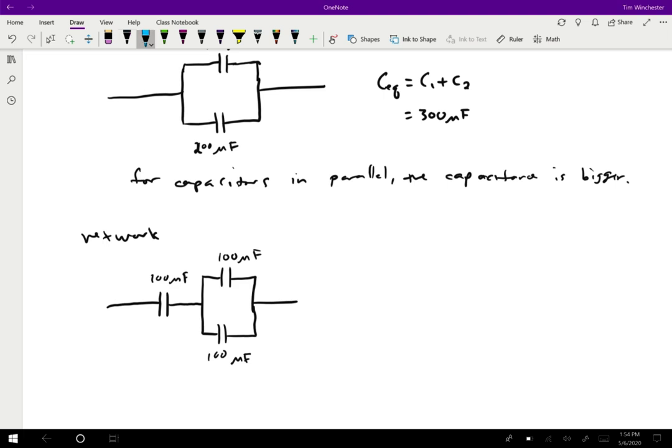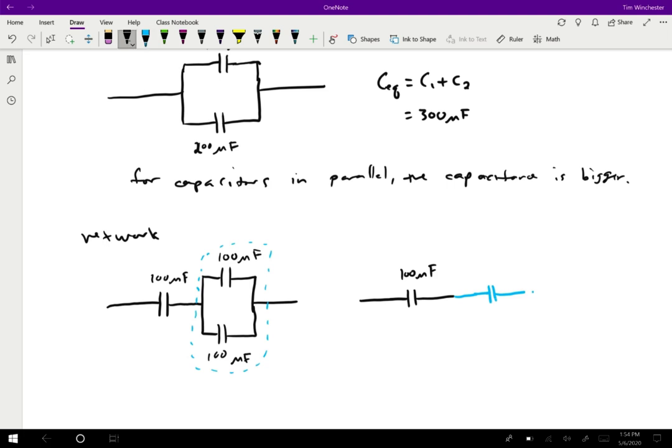Well, the way to do it is to split it up into parts. So I noticed that these two are just in parallel with each other. And so what I can do is I can simplify that into a network that looks like this. I can take 100 microfarads here. And then for that blue network, I'm going to replace it with an equivalent one like this.